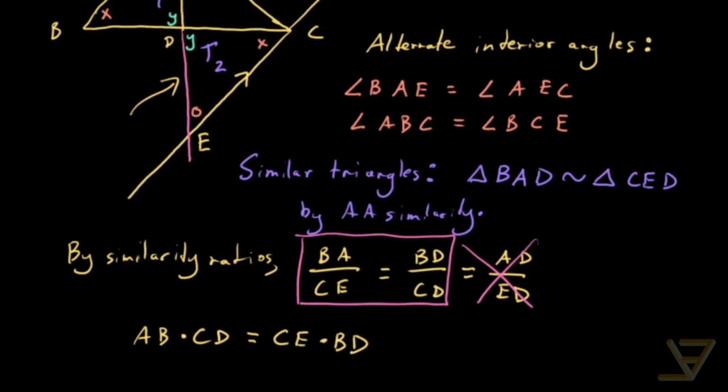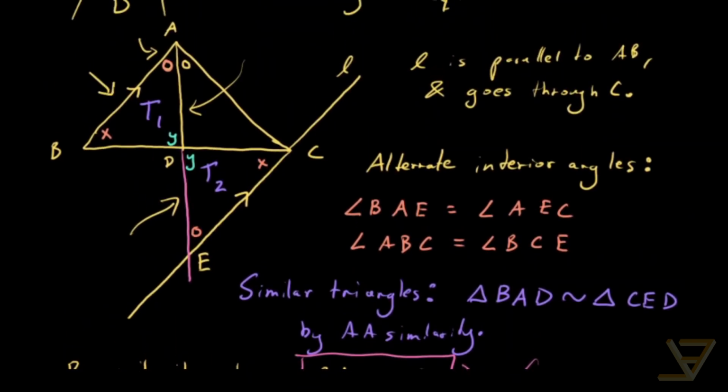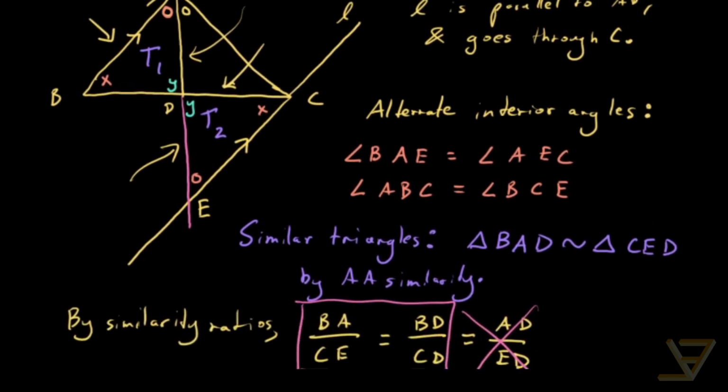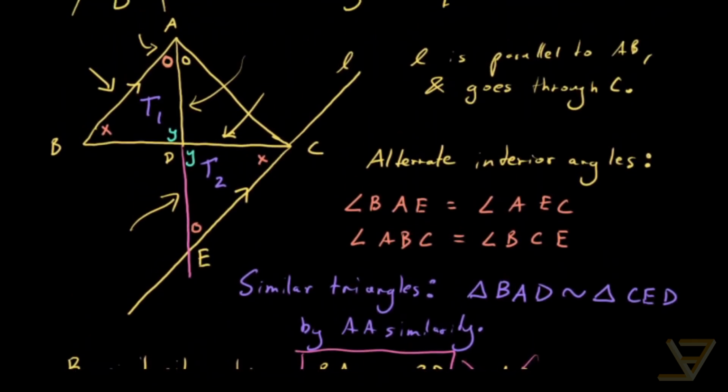So let's look at this. We've got AB and CD. AB is over here. CD is over here. And we've got CE and BD. CE is this and BD is this.